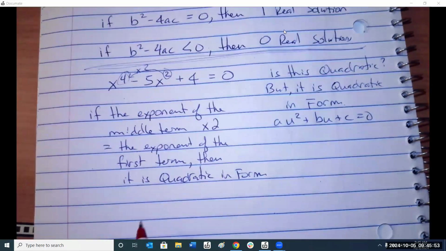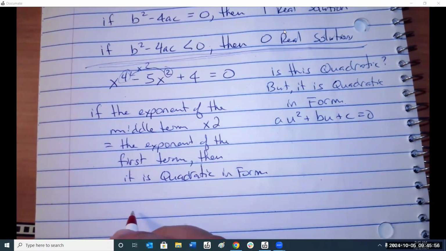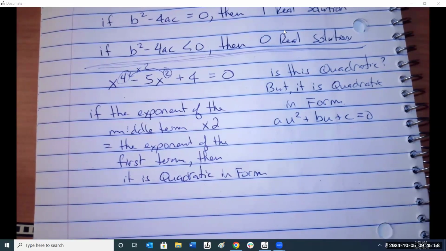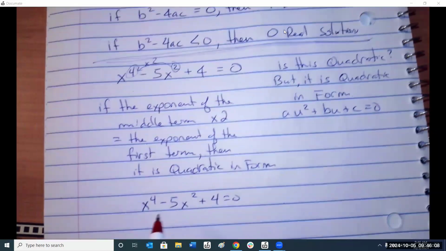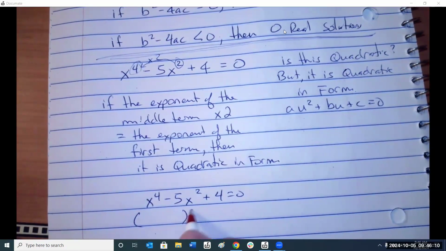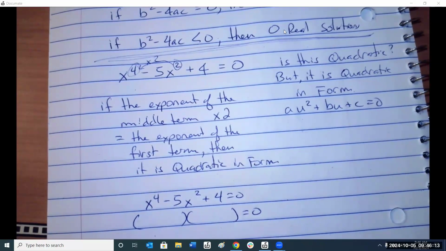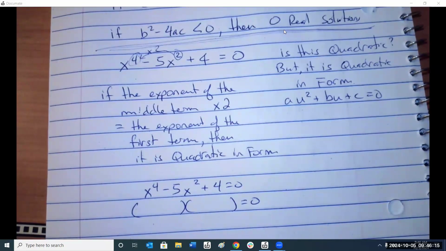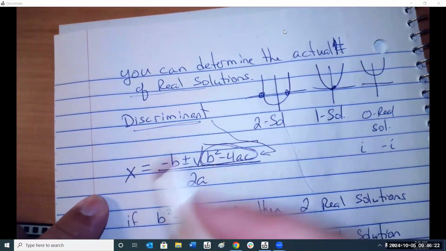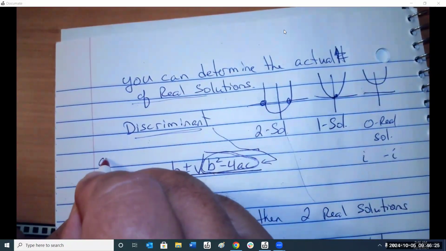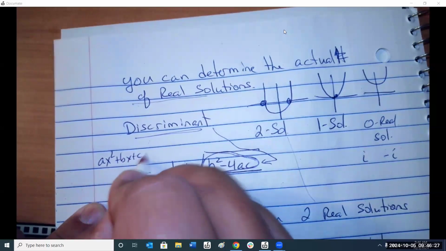Why is that important? Because now since it's quadratic in form, we can still use what we've talked about in the past to solve it. So let's see if we can factor this one. This is important as well. Remember, quadratic equations are ax squared plus bx plus c.